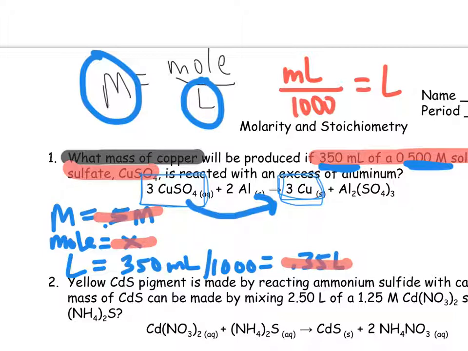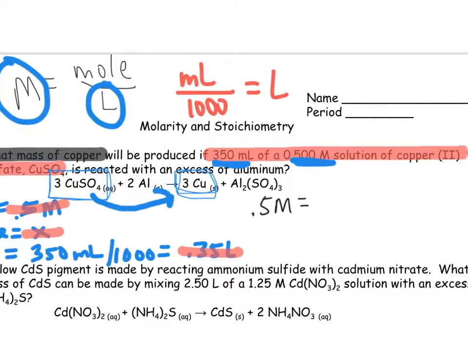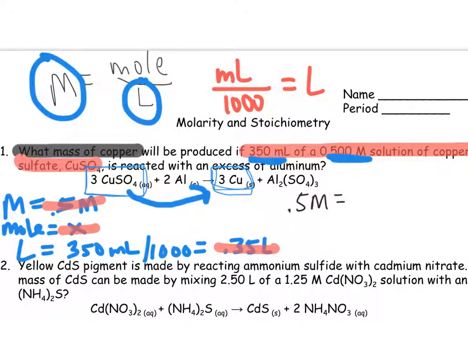So let's go ahead and do that. I'm going to take 0.5 molar equal to X divided by 0.35 liters.